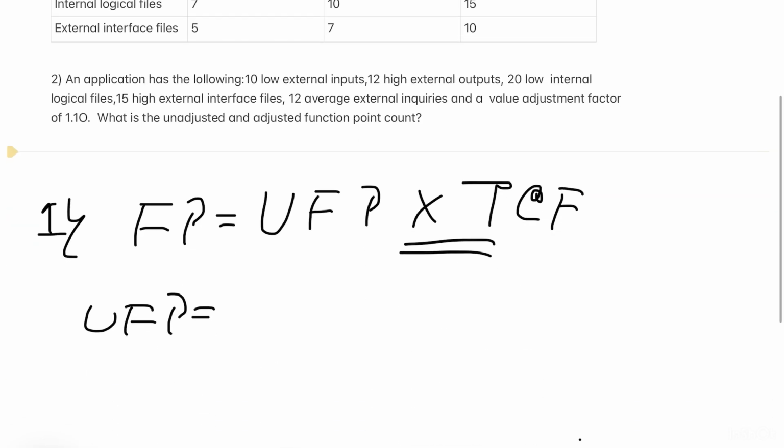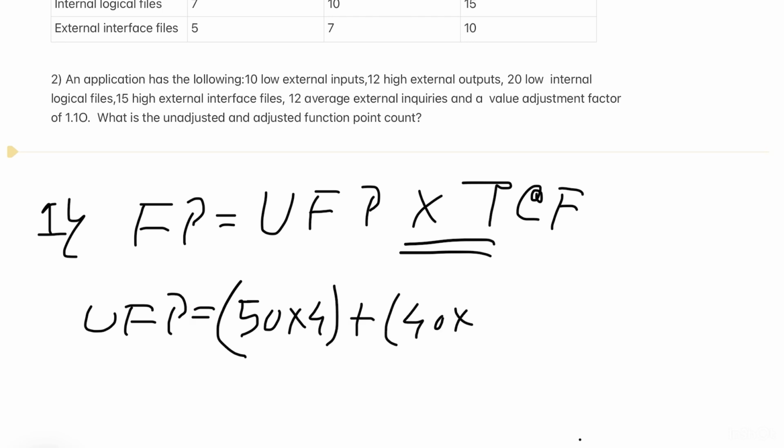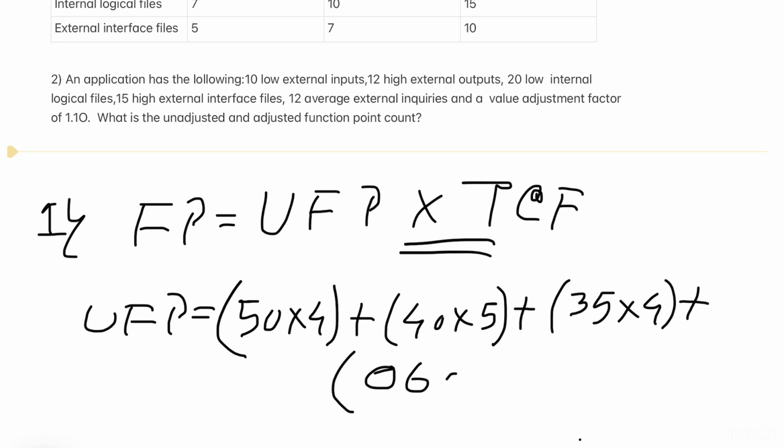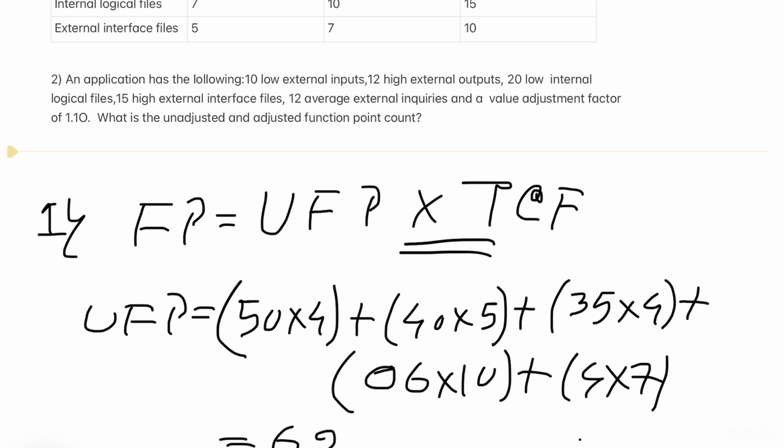So we calculate: 50 into 4, then 40 into 5, then 35 into 4, then 6 into 10, then 4 into 7. This gives us 628.